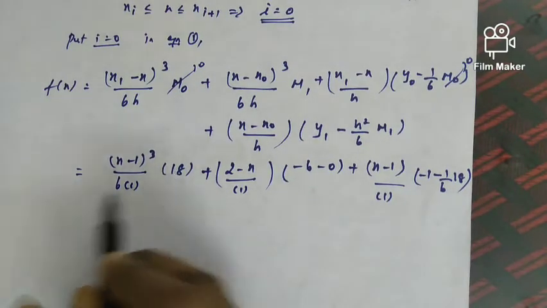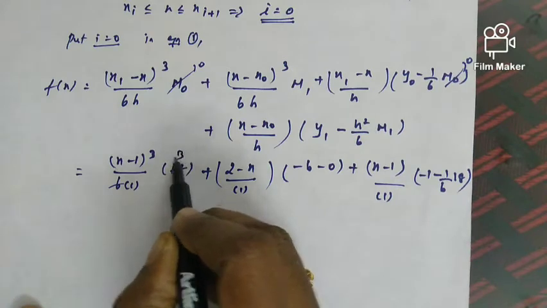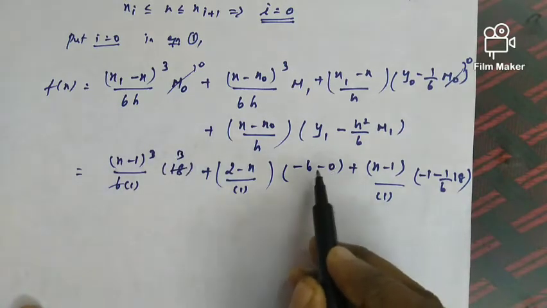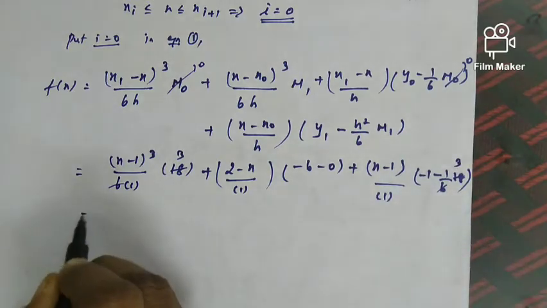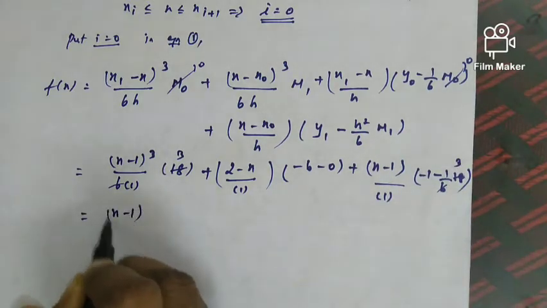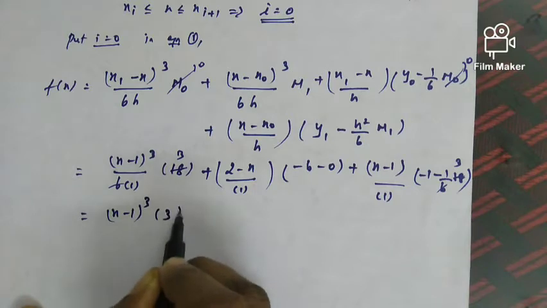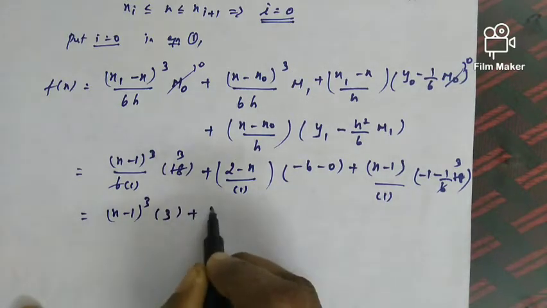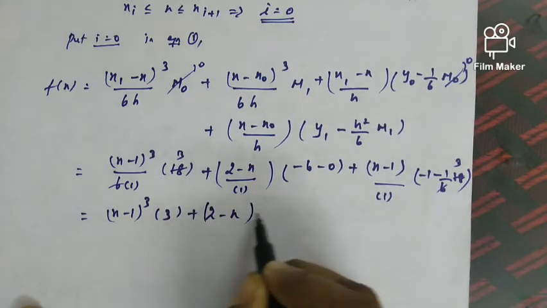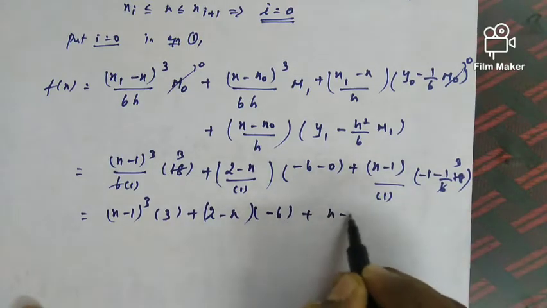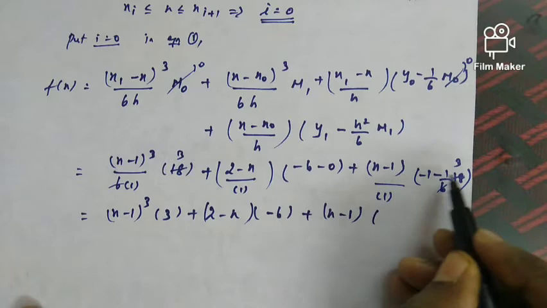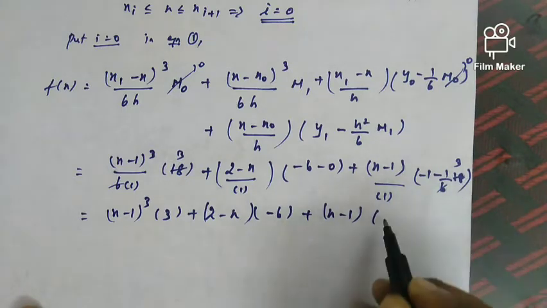So we can cancel here 6 into 18; we can cancel 3 times. And here also we get only minus 6, and here also you can cancel 3 times. So you get (x minus 1) whole power 3 into 3, and here it is (2 minus x) into minus 6, and here we get (x minus 1) into minus 1 minus 3.